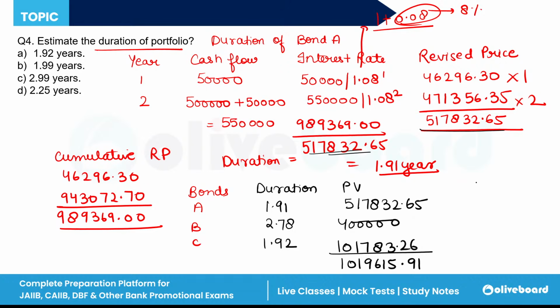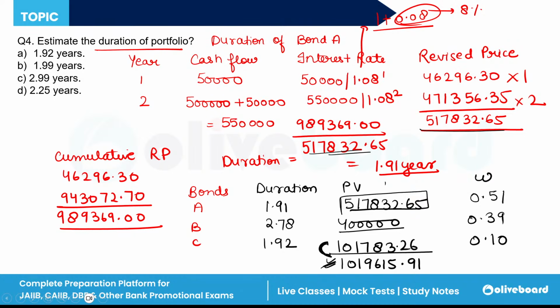And what is the weight here? So for this we have to divide this value with this, right? So we get here in the first case 0.51, 4 lakh divided by this we get 0.39, and this one divided by this, so we get 0.10.